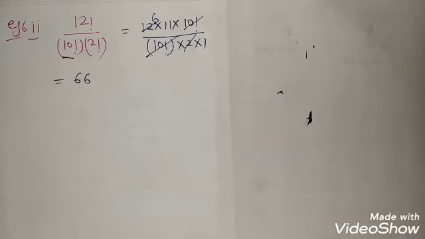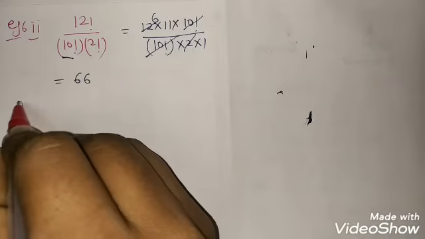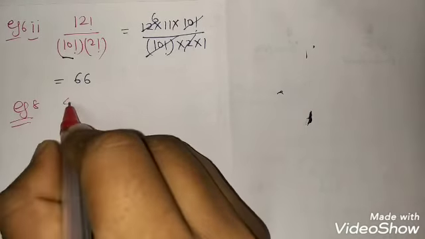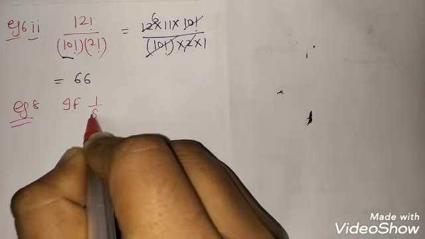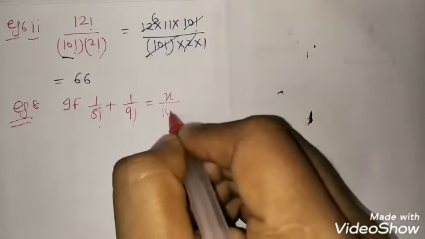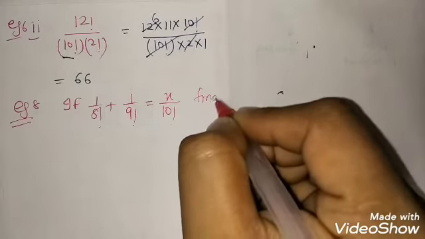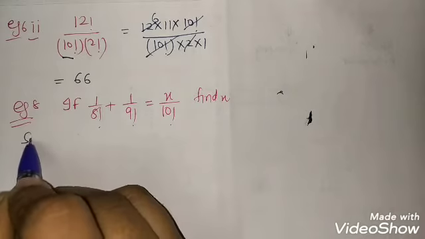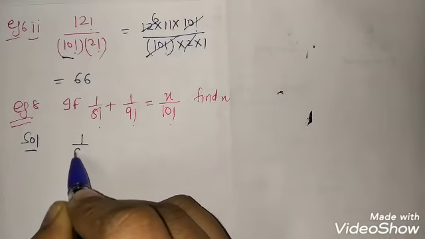I am doing example number 8 for you. What does example number 8 say? It says if 1 upon 8 factorial plus 1 upon 9 factorial is equal to x upon 10 factorial, find x. Same is the question in your exercise. So do it properly. 1 upon 8 factorial.